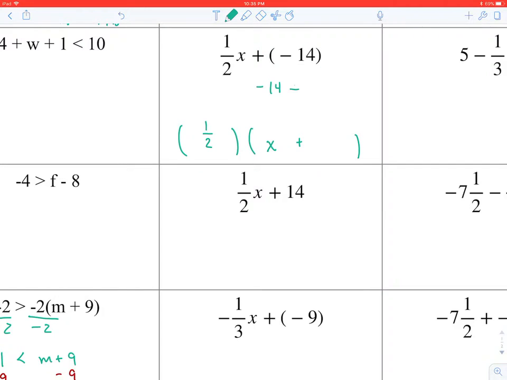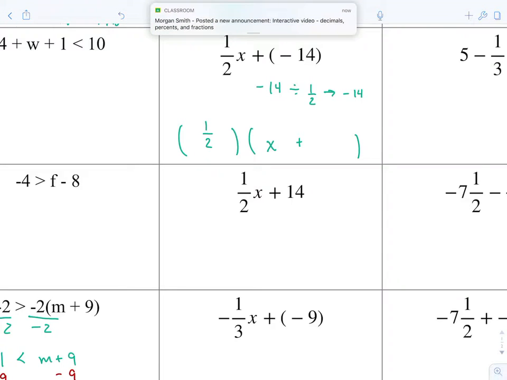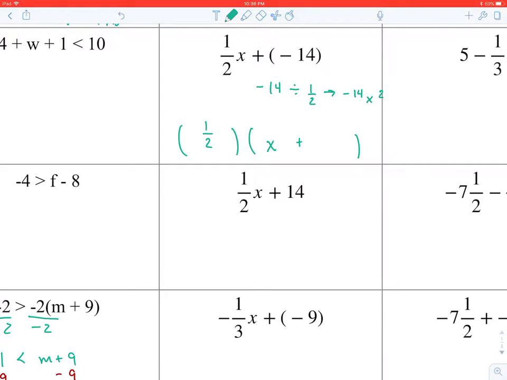Plus, and then we need to do negative 14 divided by 1/2. We'll flip that. That's negative 14 times 2 over 1. Negative 14 times 2 is negative 28 over 1, which is really just negative 28.